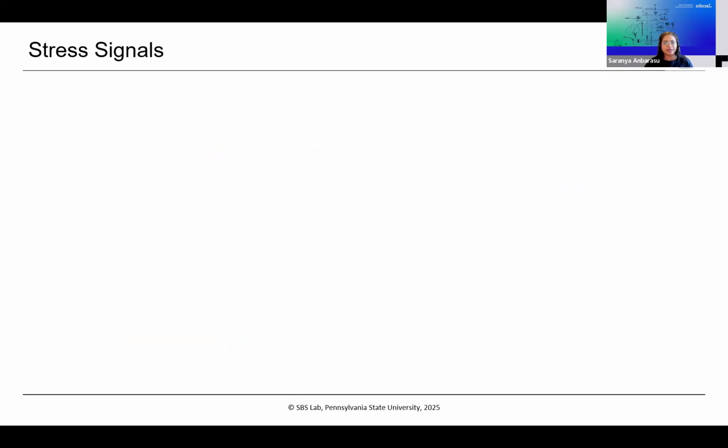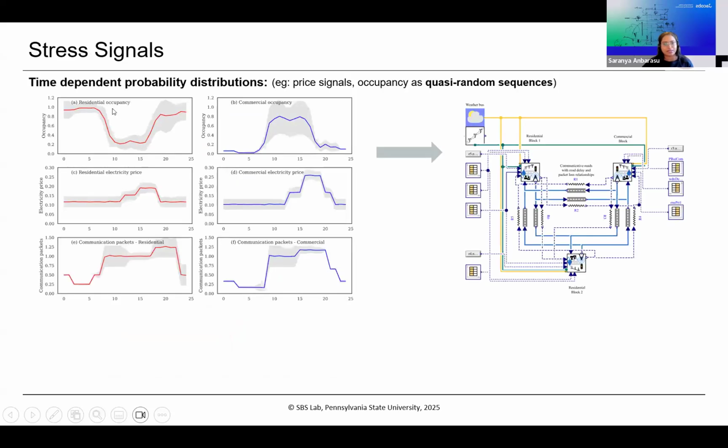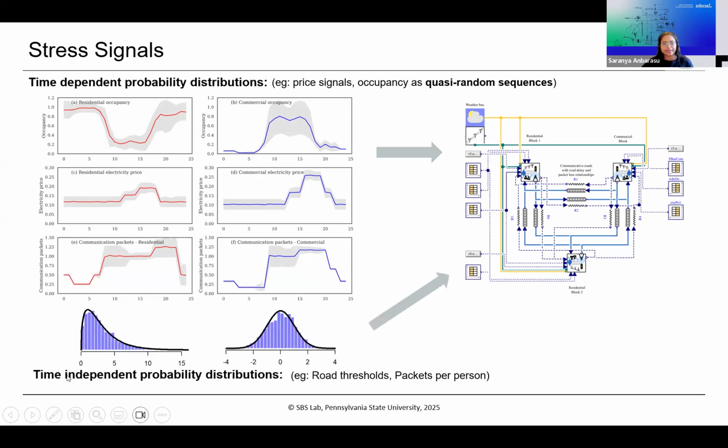We want to understand multiple days or multiple hours, multiple scenarios of inputs. So to run this Monte Carlo simulation, we introduced some stress signals, which are varying occupancies, varying price signals, varying communication packets into these residential blocks' usages, and then road thresholds and packets per person.